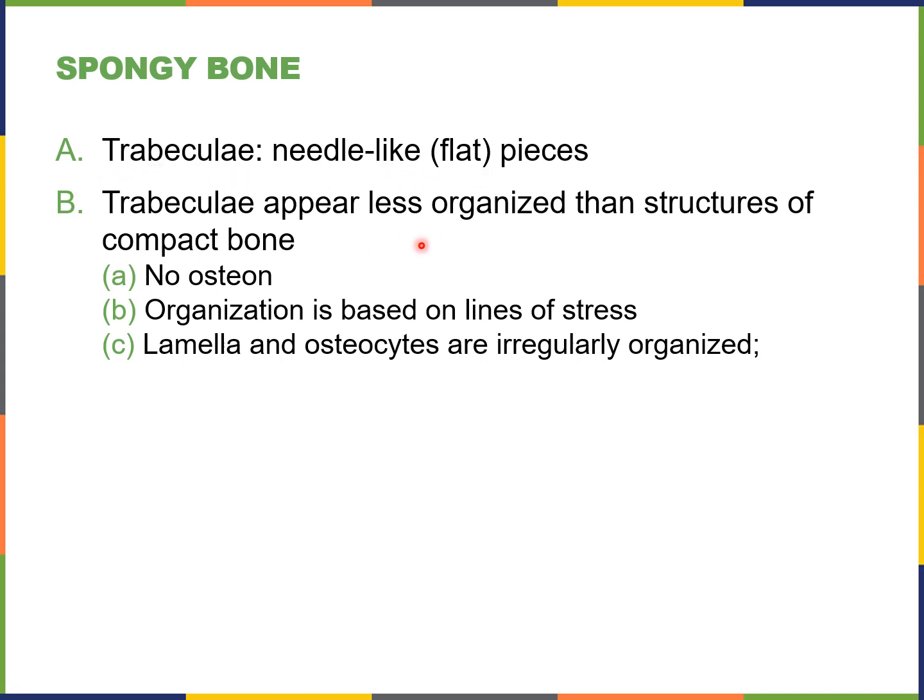Again, they appear less organized than structures within the compact bone, and it's because they're designed to handle stresses coming from different areas. So you have parts of it that are designed for stresses coming a certain way within your body, and this allows for absorption of those stresses.